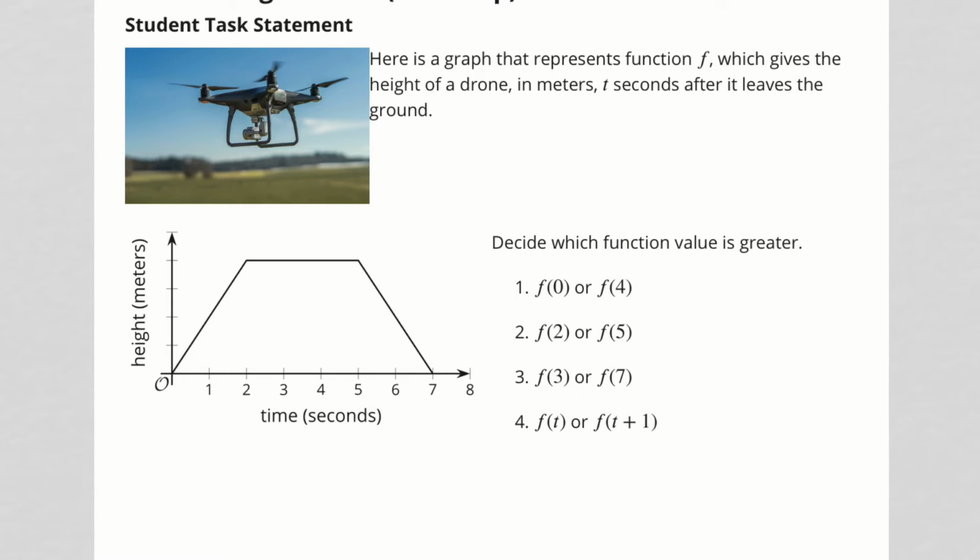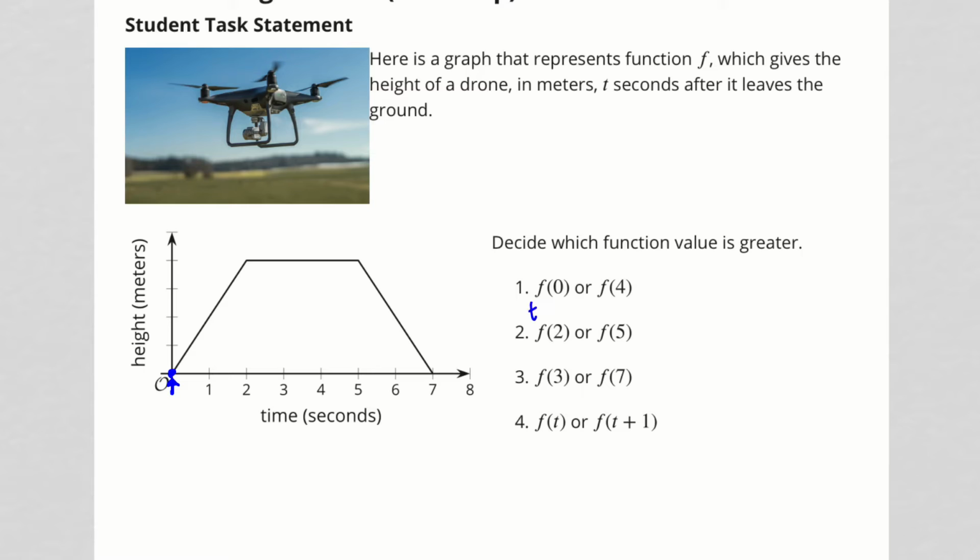So I'm going to look at f of 0 and f of 4. The input is 0. 0 is t, so that's our time. I'm going to go on my graph and look at 0 seconds and see that my height is basically 0. Then I'm going to go to f of 4, so t equals 4.